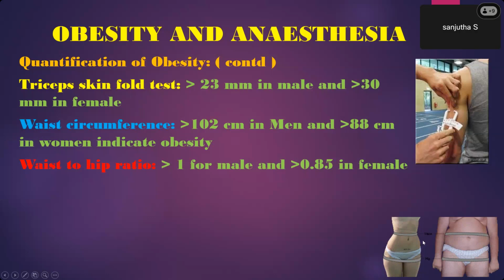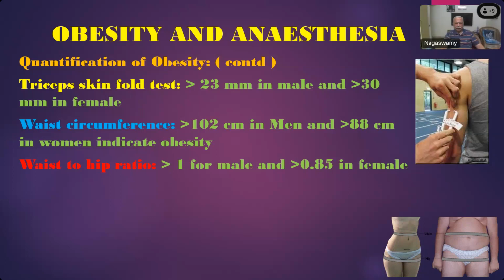The type of obesity, whether it is android or gynecoid type, can be found by measuring the hip ratio at a slightly lower level. Instead of measuring at this level, if you measure it here, you will get the correct disposition, whether it is android or gynecoid type, central obesity or peripheral obesity.